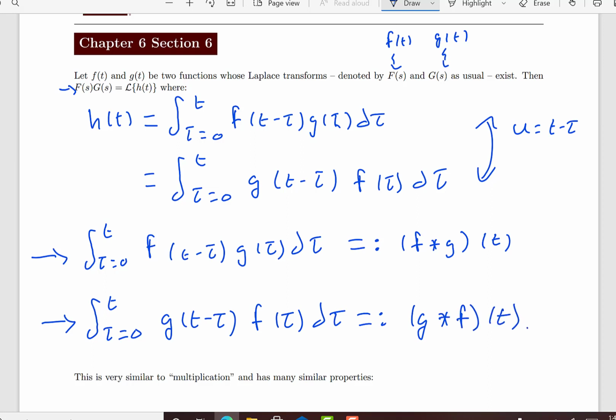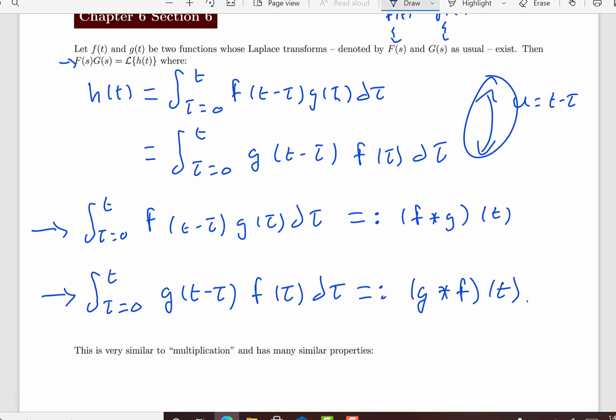Of course, what I'm asserting here is that both of these two things are equal. We haven't proven that yet, but I will prove this theorem. So another way to write this theorem is that the Laplace transform of f convolved with g is equal to the Laplace transform of f times the Laplace transform of g.